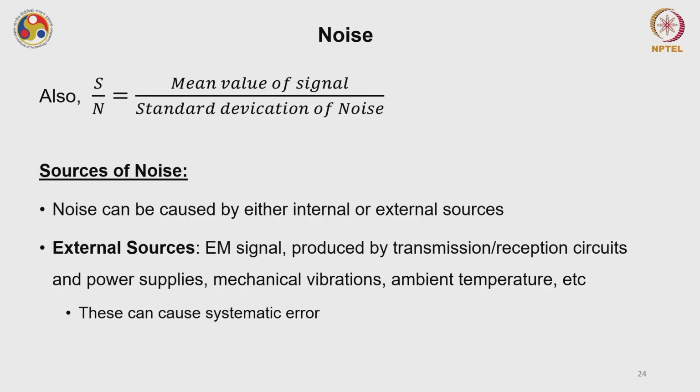It can be produced by some transmission or reception circuits. Some power supplies can also produce it. Some mechanical vibration coming from some heavy instrument or heavy motor running nearby the sensor's measurement setup. And the biggest source is the ambient temperature itself. These external sources can produce some systematic error in the device.